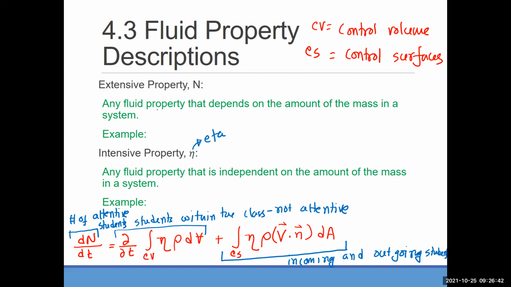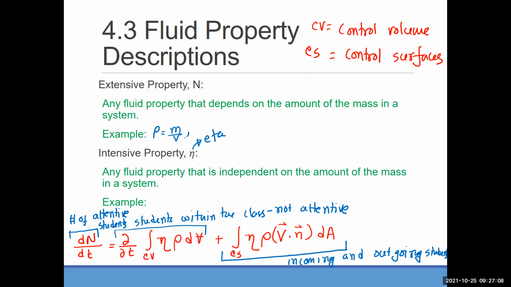Can you give me one example of an extensive property, anything? What is the very close thing related to mass? Say it again. Okay, yeah, density, m over volume. Okay, that can be one property.